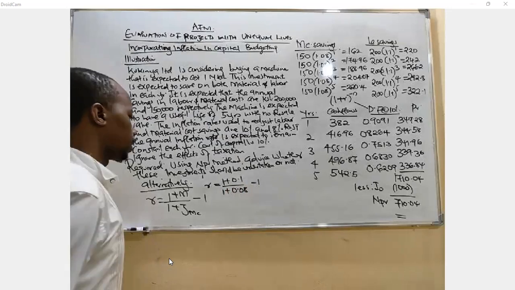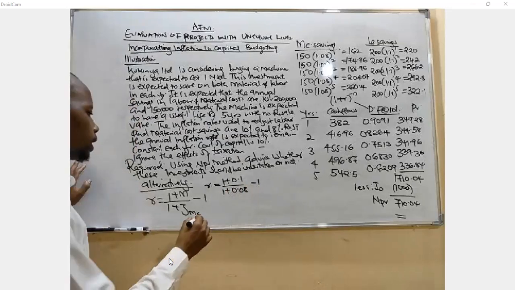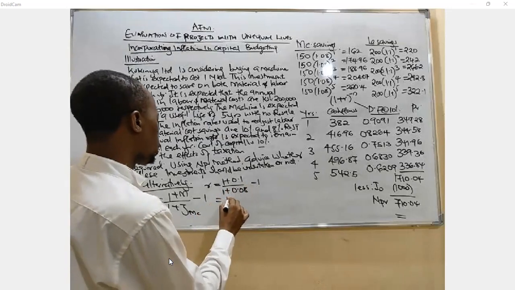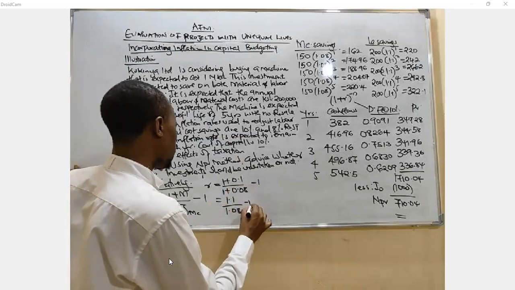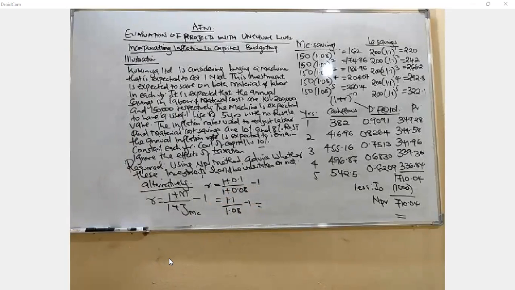Then we subtract 1. So in simple terms, we have 1.1 divided by 1.08, minus 1. What is the answer? 0.0185. Sorry? 0.0185. One minute.